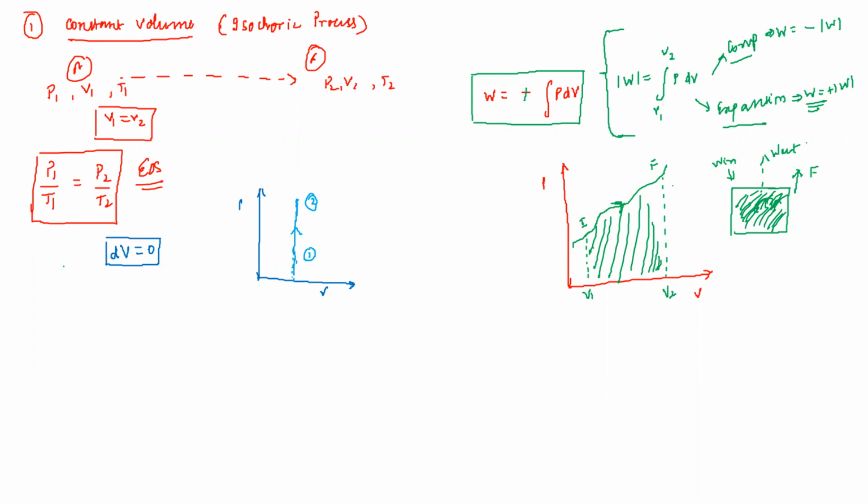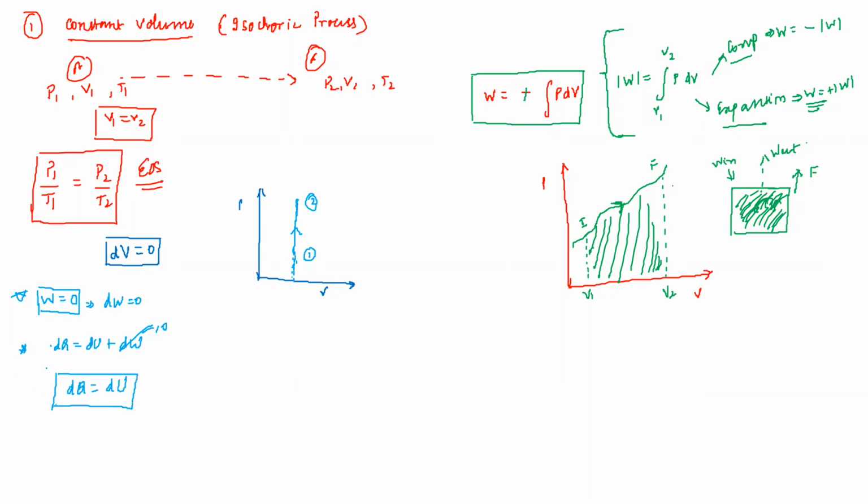So that is why the work done in an isochoric process is 0. Okay. So if W is 0, or you can say dW is 0, then from the first law of thermodynamics, which stated dQ is equal to dU plus dW, since dW is 0, we'll simply have dQ is equal to dU.